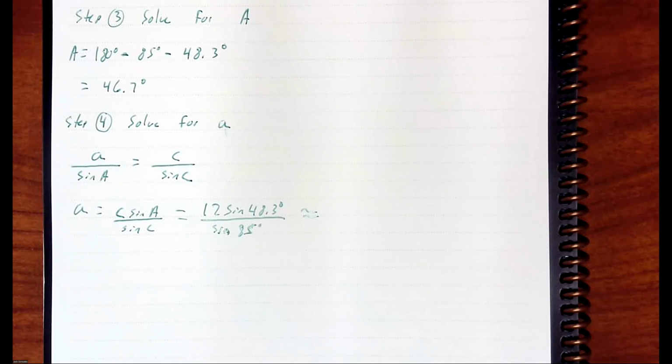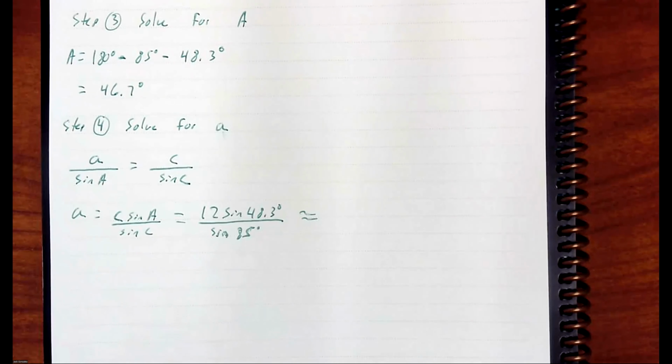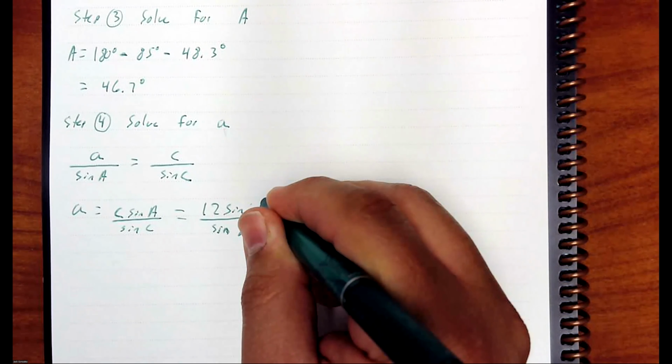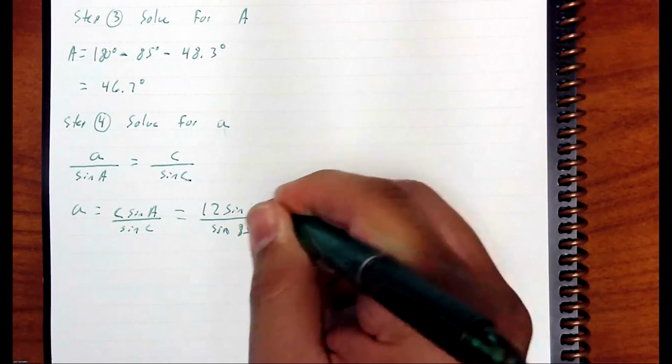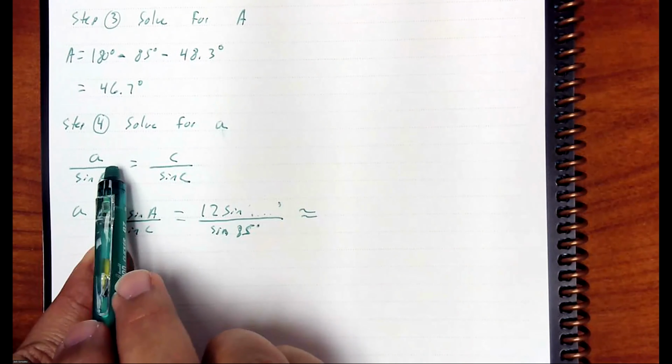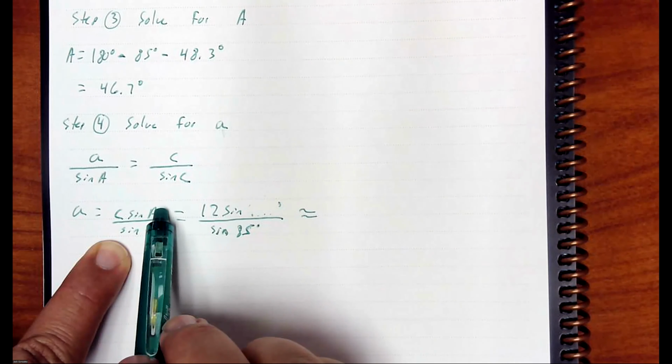Would it be the other way around? Yeah, a sine C. We can multiply both sides by sine A, so this should be up top.